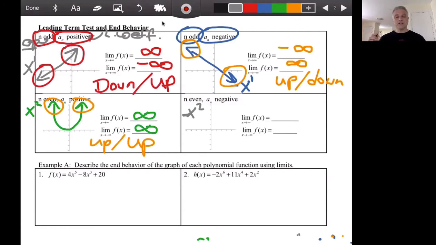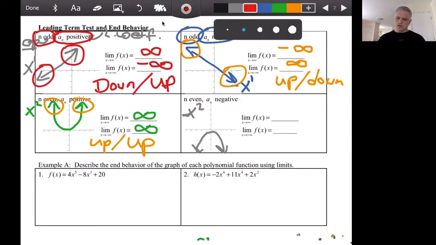So negative x squared looks like one of these. Again, I know it should touch the origin, but I'm looking at end behavior, so I'm not terribly worried about my sketch. So where is y going, or the limit of f of x, as x approaches infinity?